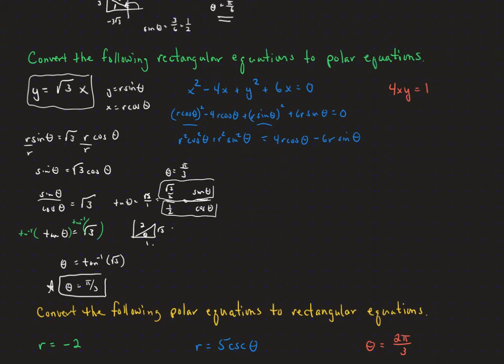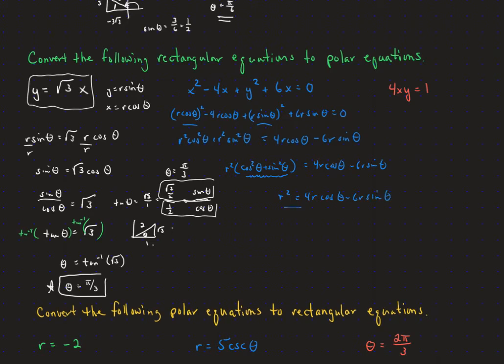If we factor the r squared out, we have our most famous of all trig identities, sine squared plus cosine squared. And I'm going to leave these as they are for a moment. And so cosine squared plus sine squared is just 1, so that gets us to r squared is 4r cosine theta minus 6r sine theta.